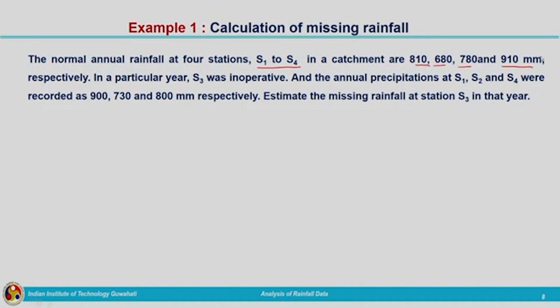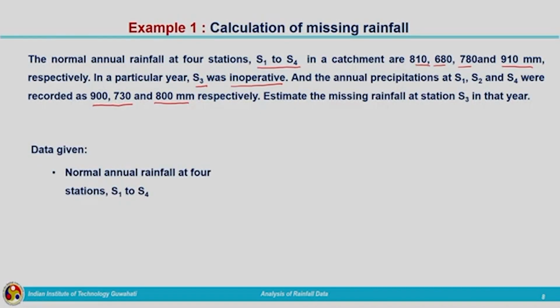In a particular year, S3 was inoperative, and the annual precipitation at S1, S2 and S4 were recorded as 900, 730 and 800 millimeters respectively. Estimate the missing rainfall data at station S3 in that particular year.